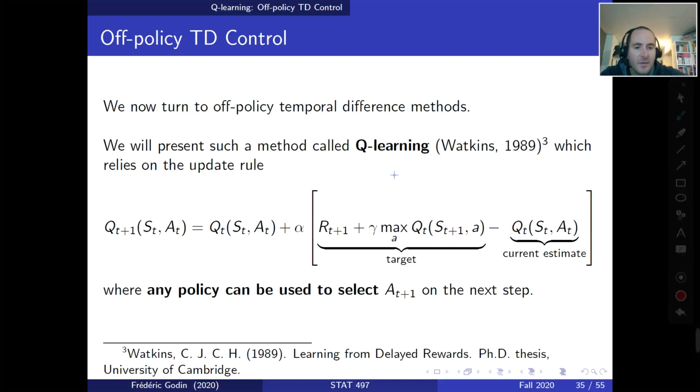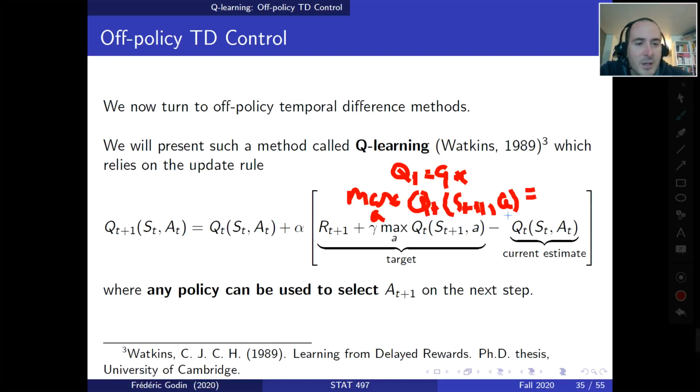It's because if Q_t was the optimal value function, then the maximum across all actions of Q_t(S_{t+1}, a) would be equal to, if you take the action which has the highest value, v star of S_{t+1}, the optimal value function.